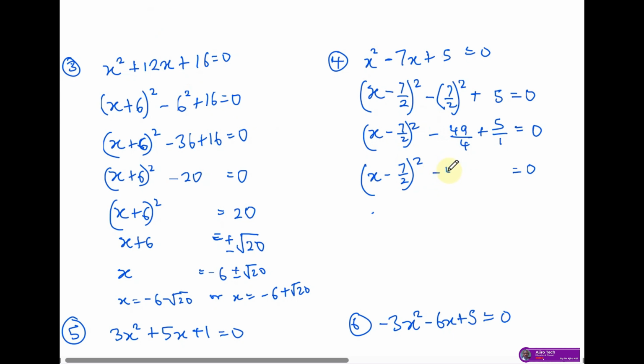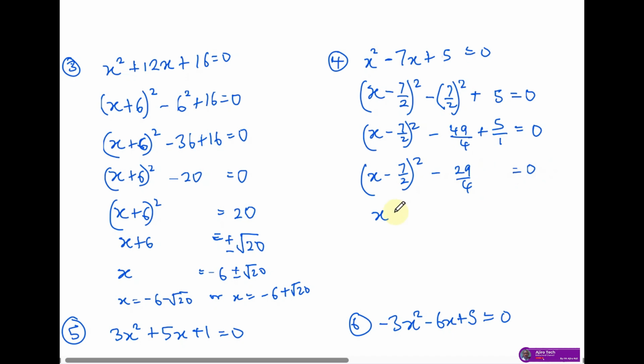So minus 49 over 4 plus 20 over 4, I'm going to get minus 29 over 4. For the sake of space, I'll replace everything here with minus 29 over 4.